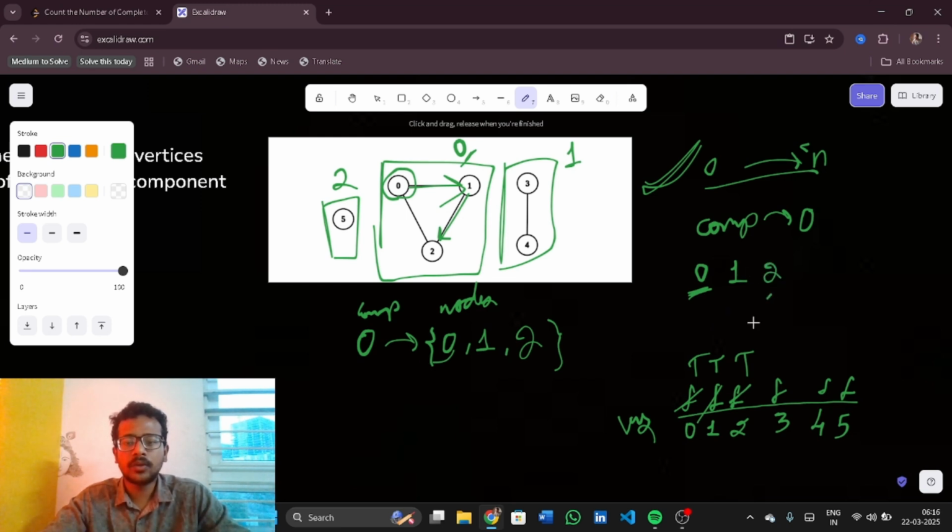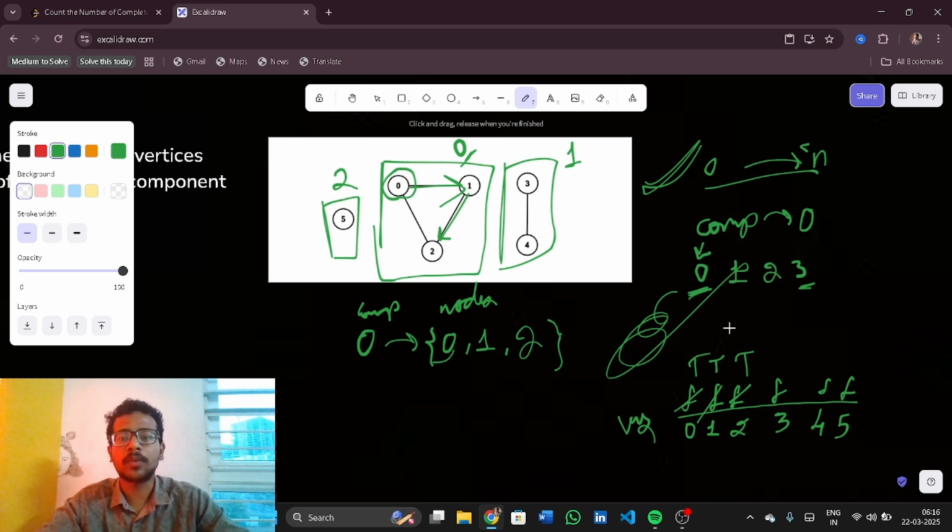Let me go through 2. 2 here is already visited, so I can't go through 2. Now let me go through 3. Here 3 is unvisited. Let me do a DFS there. But before that, I need to increment my component, because whenever I go through 0, it will traverse all the nodes or vertices in that component, and whenever I don't get any other edge or vertex from that 0, that means this component is completed.